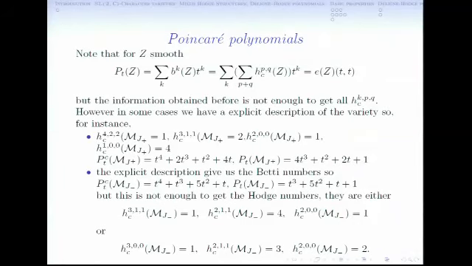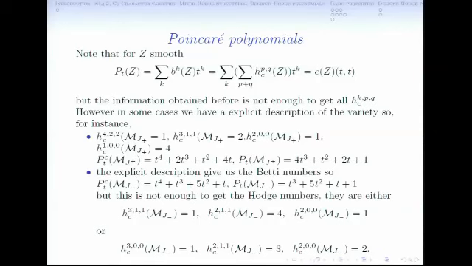Also in the case of the Jordan with minus 1, minus 1, and 1 in the off diagonal, the explicit description can give us the Betti numbers, but this is not enough to get the Hodge numbers.